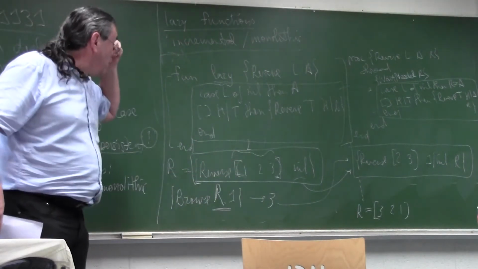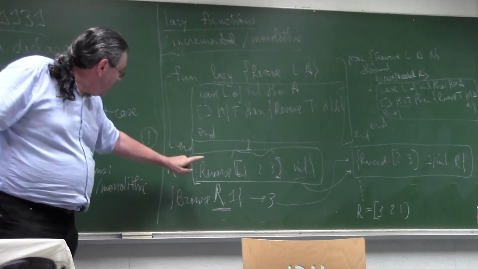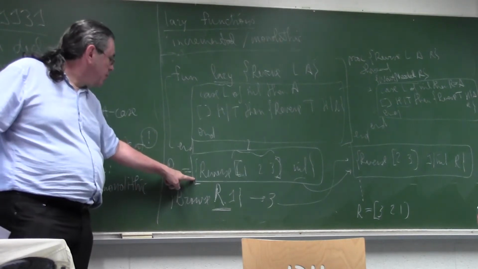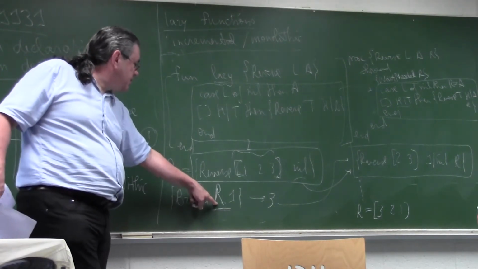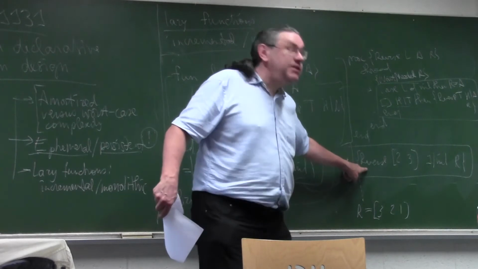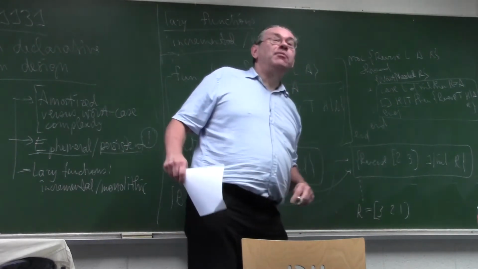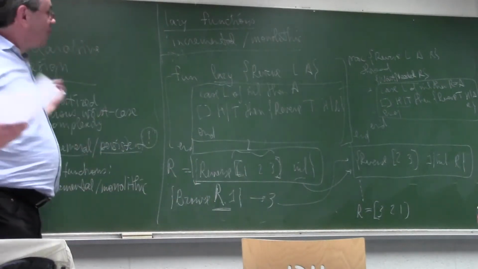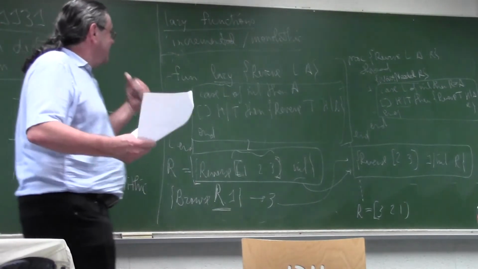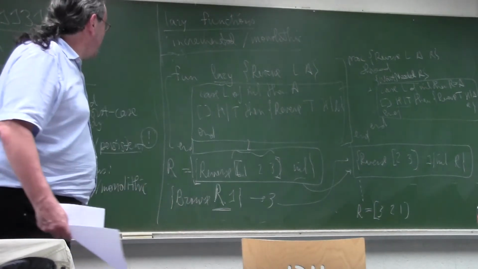You can see it's monolithic because when I activate the lazy suspension, the call to reverse turns into another call to reverse. I don't know the first element yet. So reverse is monolithic. That's a bummer.